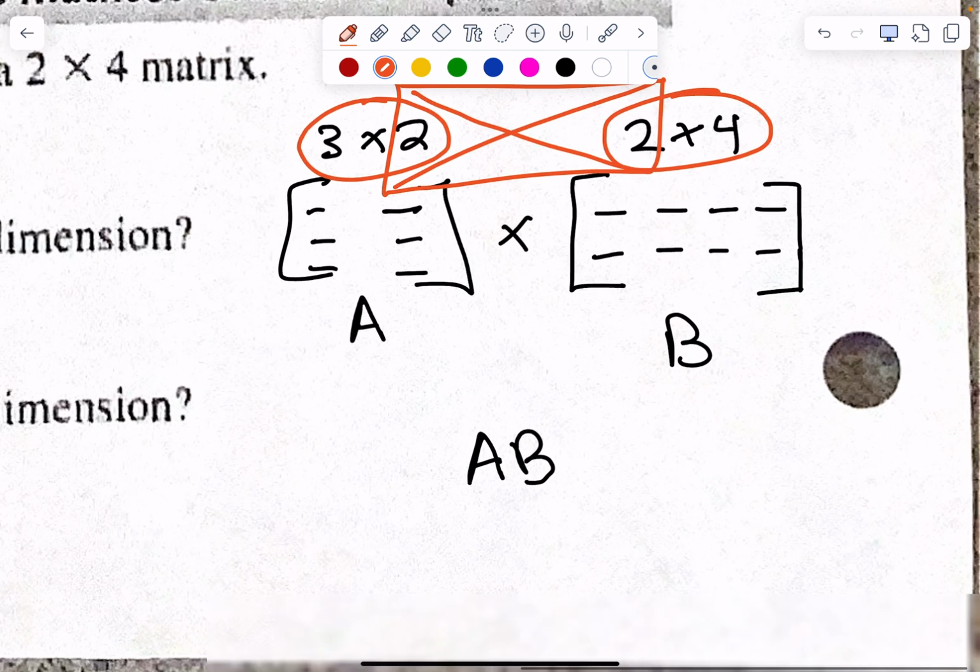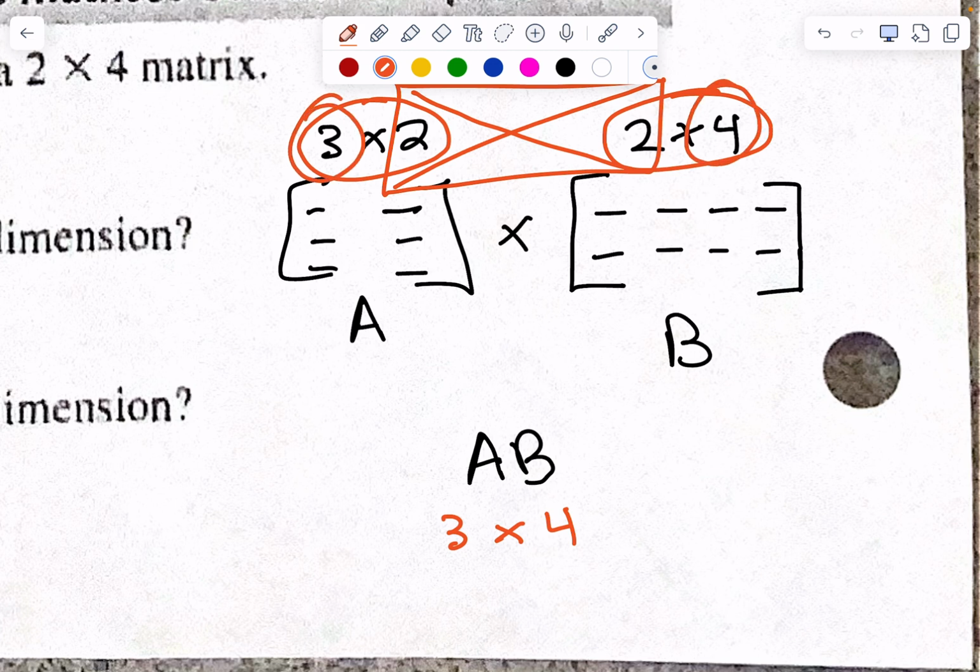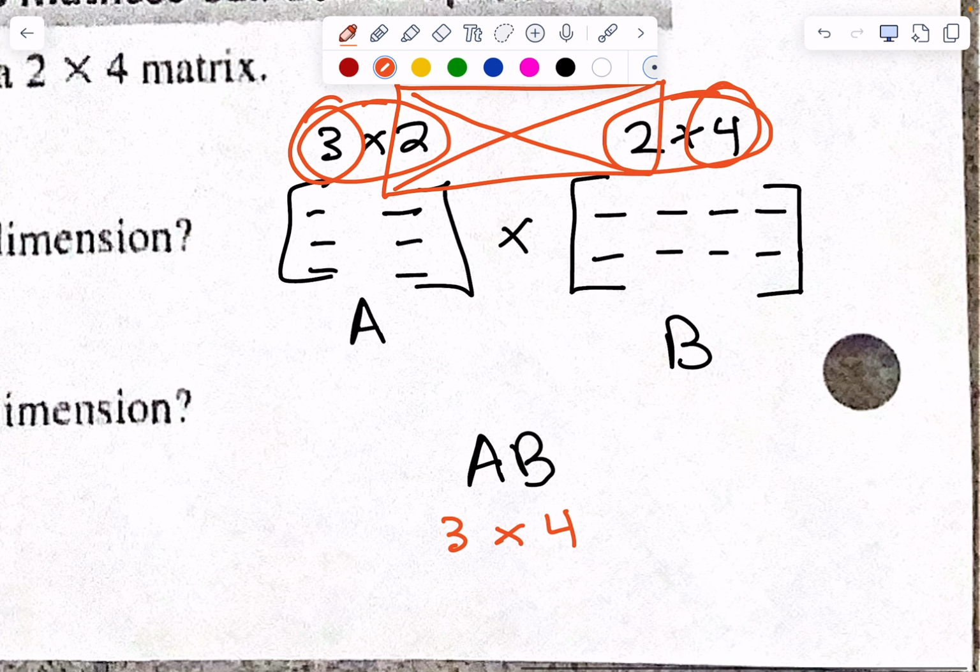The size that A times B will be is a 3 by 4. Do you see that? A times B will end up being a 3 by 4. The middle two guys cross out. If those middle two guys do not match, then you cannot do it. For example, let's say instead of taking A times B, I was taking B times A.